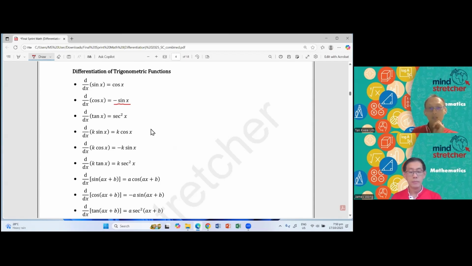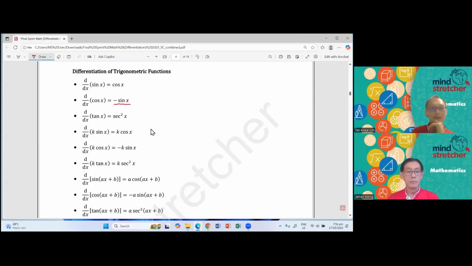You may think that, oh, the differentiation of sine x is cosine x, so it should be the opposite. But for cosine x it is not, there will be a negative sign in front, right? So you can also think of it in the sense that, okay, maybe I don't complicate things with the quadrants, because then I will have to actually try to prove it to you at this point, right? But anyway, just remember, okay?